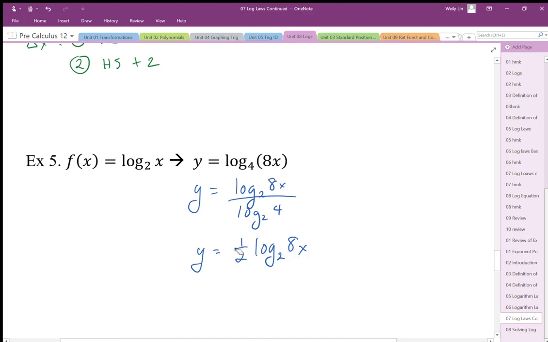I have my outside transformation and my inside transformation. My change in y is a vertical compression by 1/2, and then inside, that 8 is a horizontal compression by 1/8. So those are the transformations on my graph.